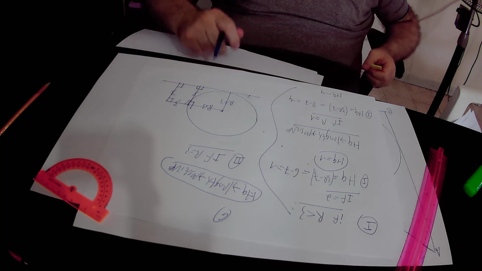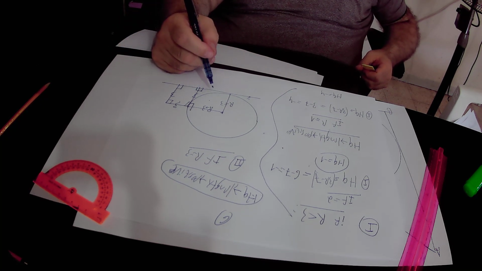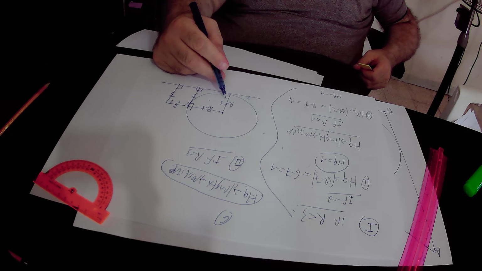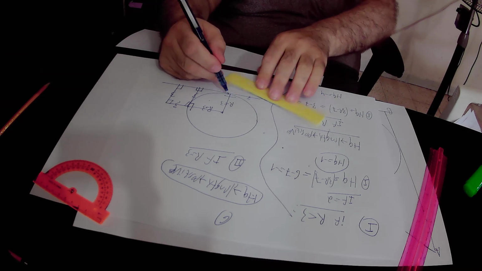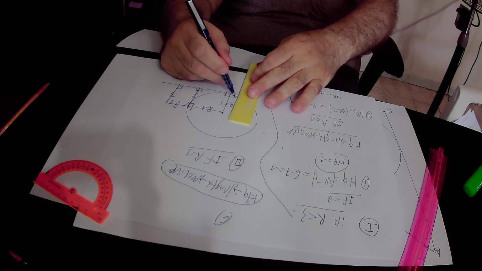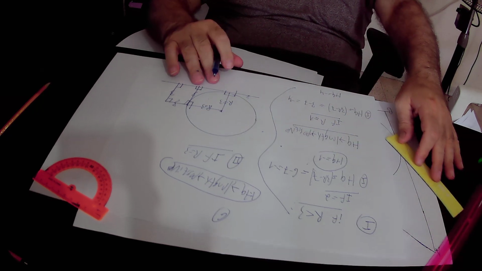Okay, according to rule number 1, here the radius is drawn to the point of tangency, therefore this angle equals 90 degrees and this angle also equals 90 degrees.